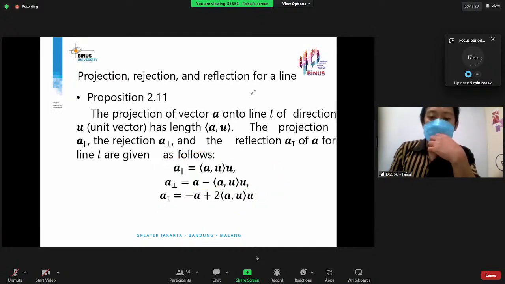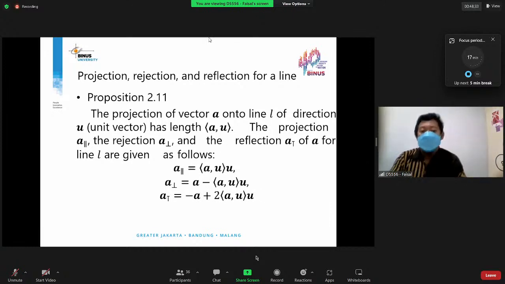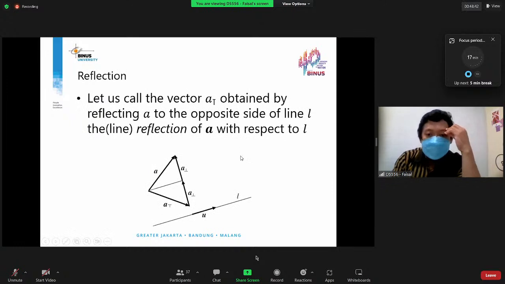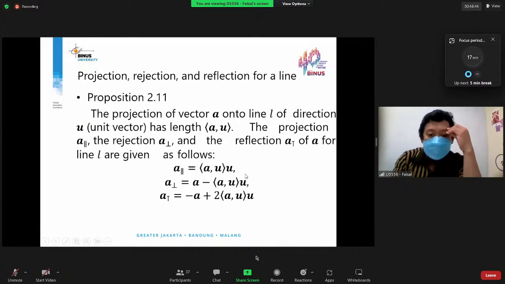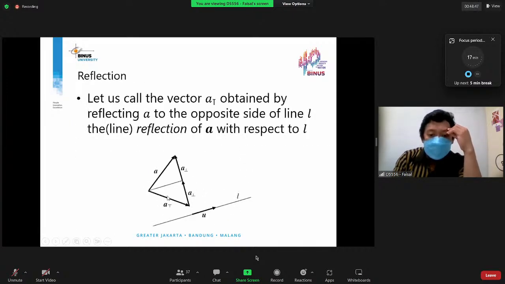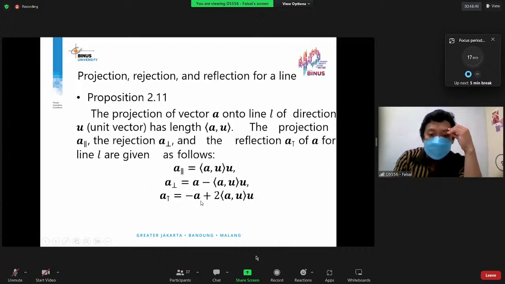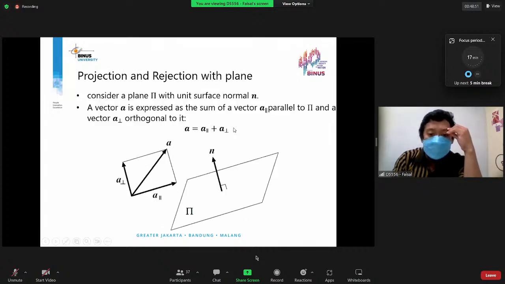And the question is, where does this formula come from, and why is this formula correct? Okay, so I will prove just one formula, the formula of the reflection.